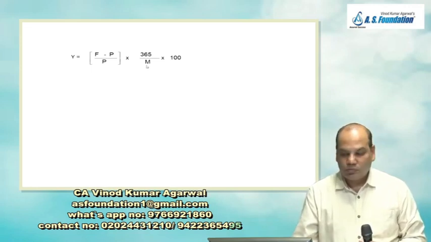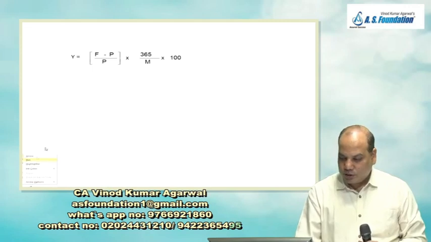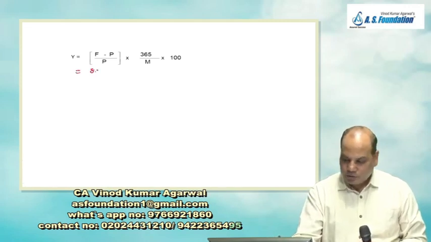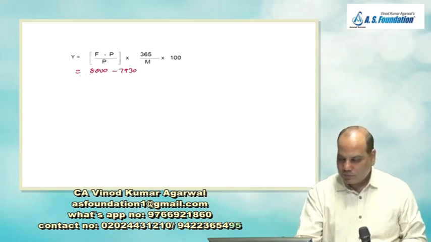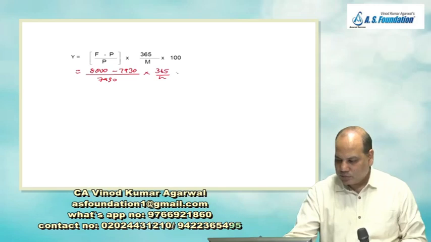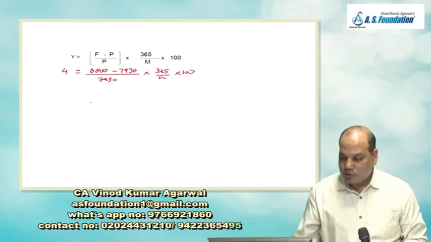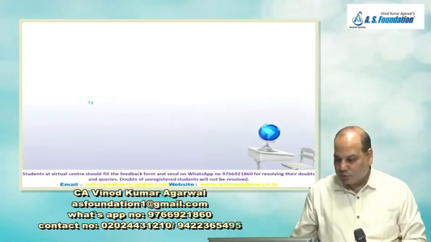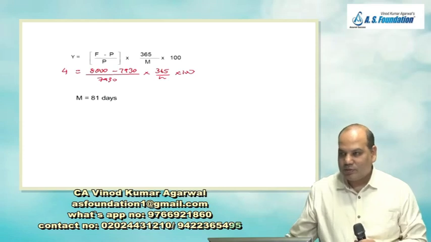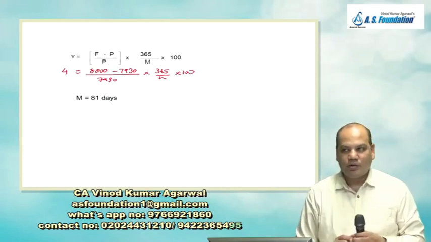In the place of F, how much will you write? 8,000. And what was the issue price? 8,000 minus 7930, divided by 7930 into 365 by N into 100. And how much is the yield I have given? 4. Is it 4? So after solving, the answer is approximately 81 days, right? Approximately.